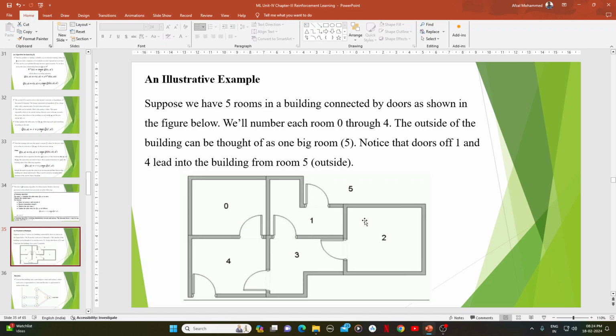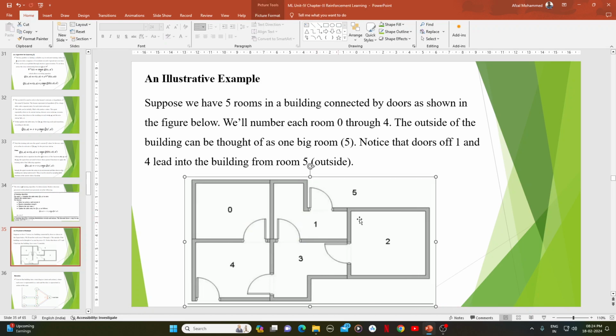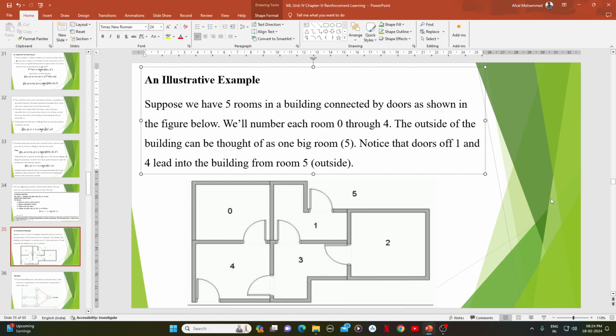The outside area also we need to consider as a state, and that state is labeled with 5, as you can see here. So this is room 1, room 2, room 3, room 4, this is room 0, and the outside is denoted with 5.